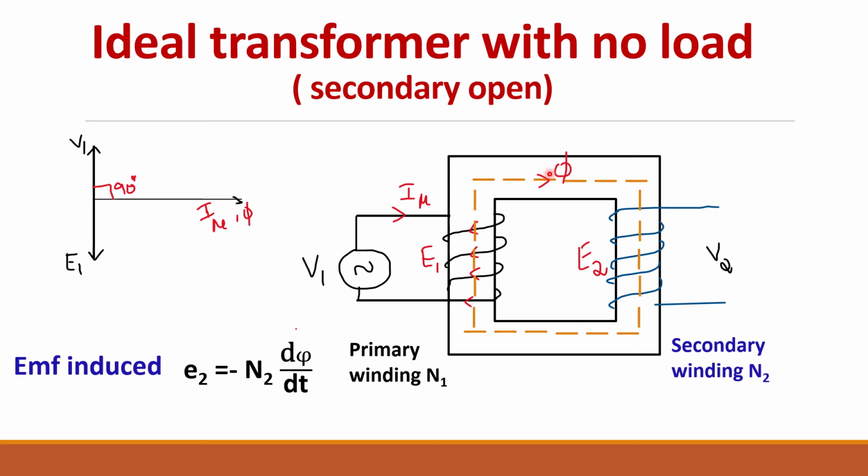Similarly, this flux links with the secondary coil also, and due to the rate of change of flux, an EMF E2 will be induced in the secondary coil. Since the secondary side is open, there will be no current here and V2 will be equal to E2.